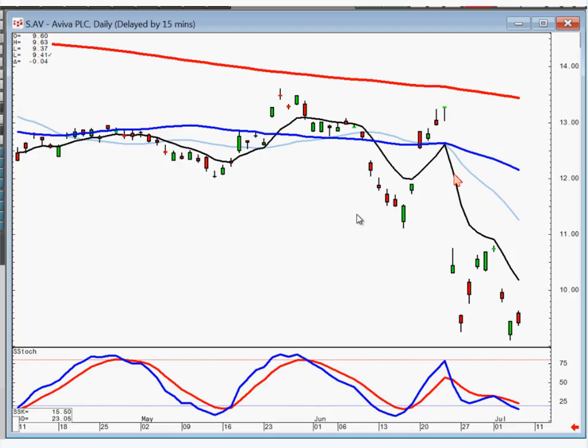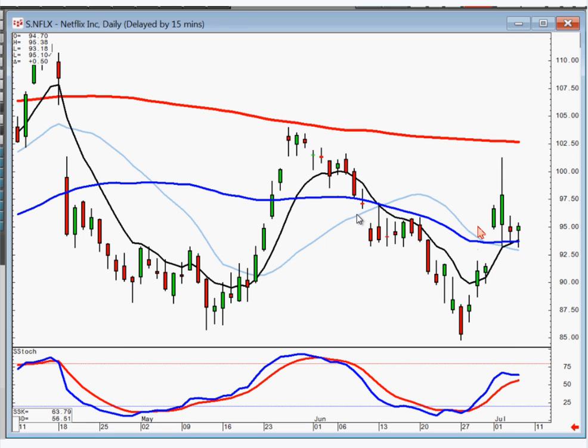Oh, AV, all I can tell you is, again, being an ADR, just stay short. Netflix is dead in the water for right now. When it gapped down below yesterday's low yesterday, telling us there's no energy here. I wouldn't be long or short Netflix right now.